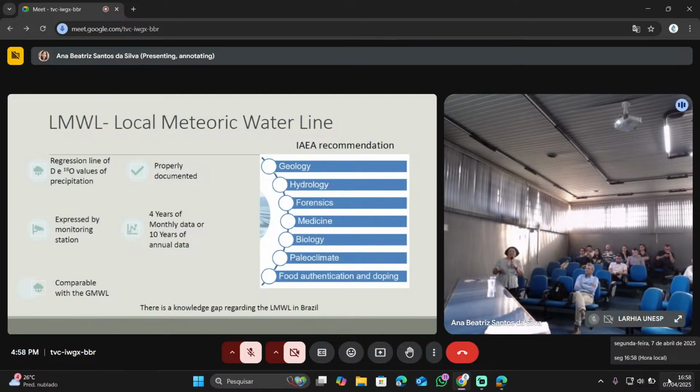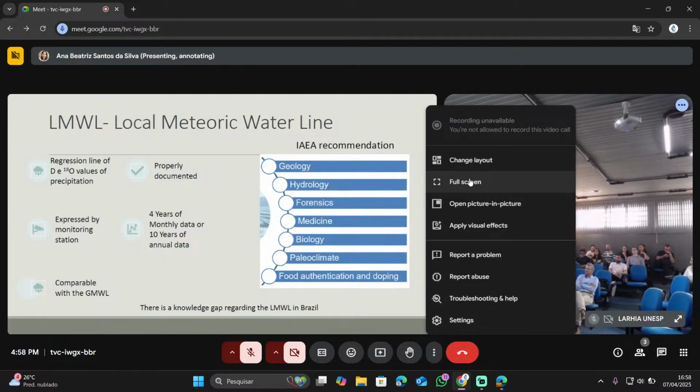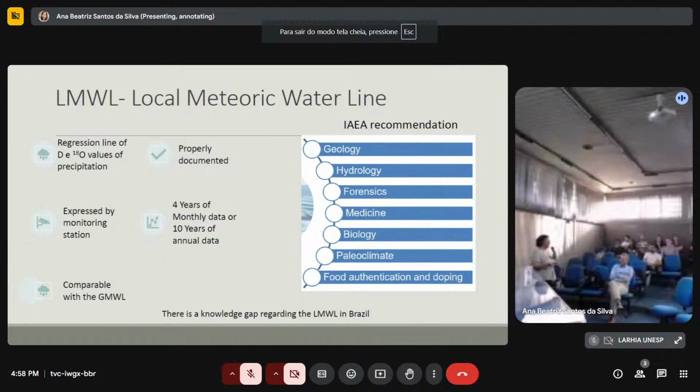And there is a knowledge gap regarding the proper documentation of the local meteoric water line. And please, I hope you all understand this well. It's not a criticism. It's not exclusive to Brazil. It happens all over the world.